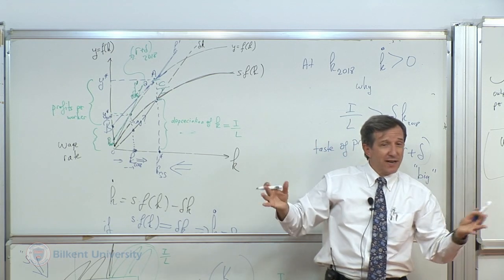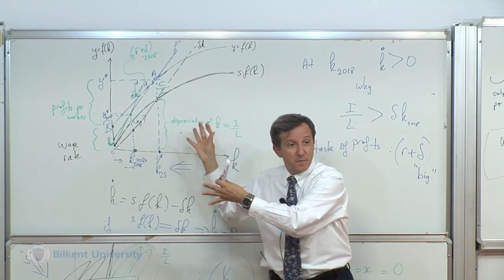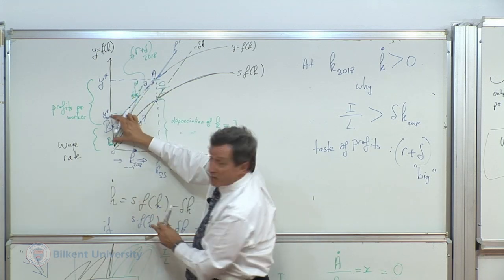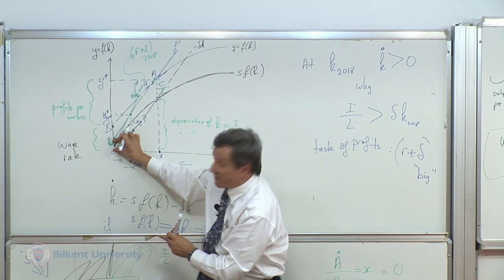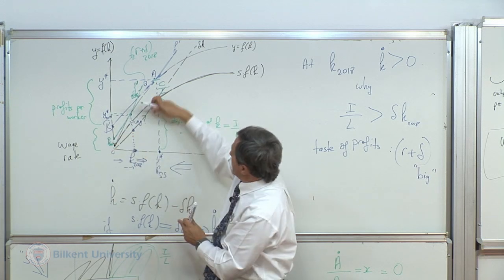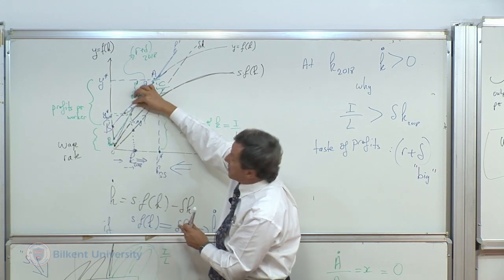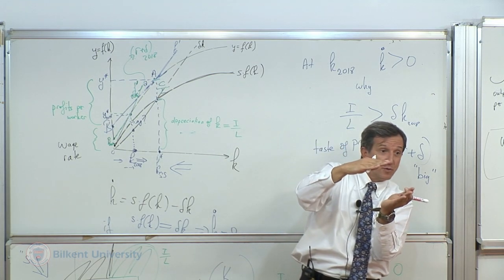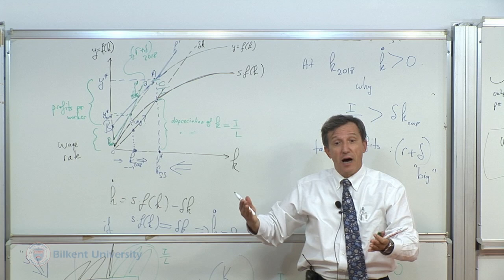You can calculate, at the expense of making this picture messier, this will be the total profits. The rest will be total wages. Then you continue a little bit. The slope diminishes. The profit rate is reduced. But then it's still high.